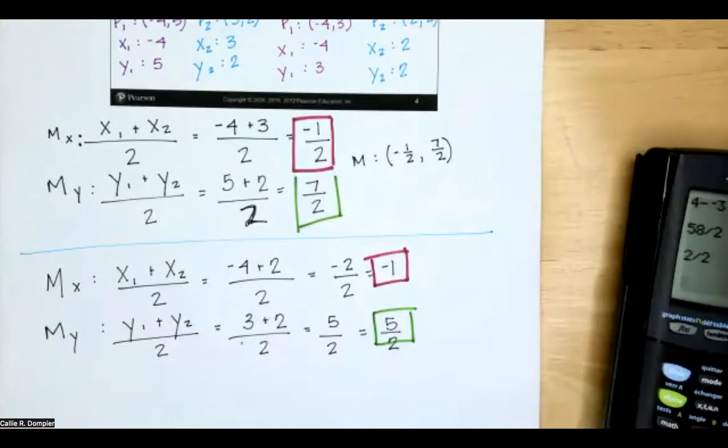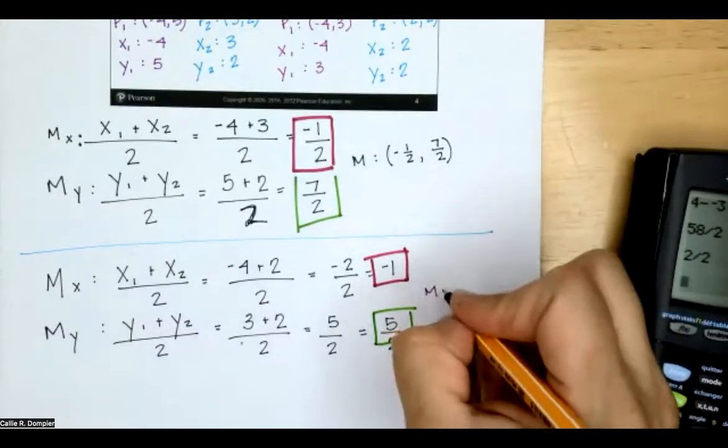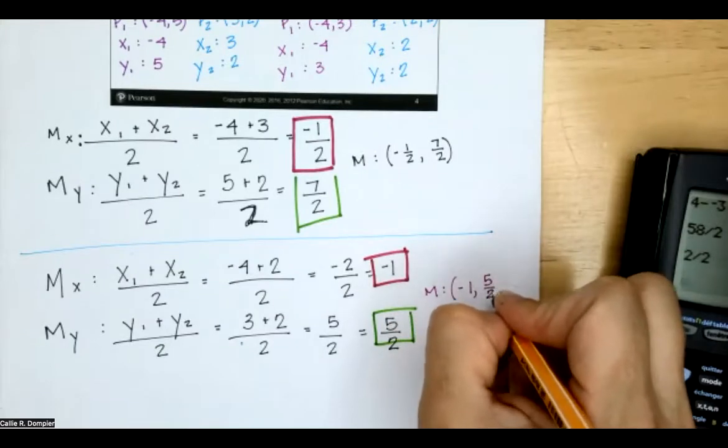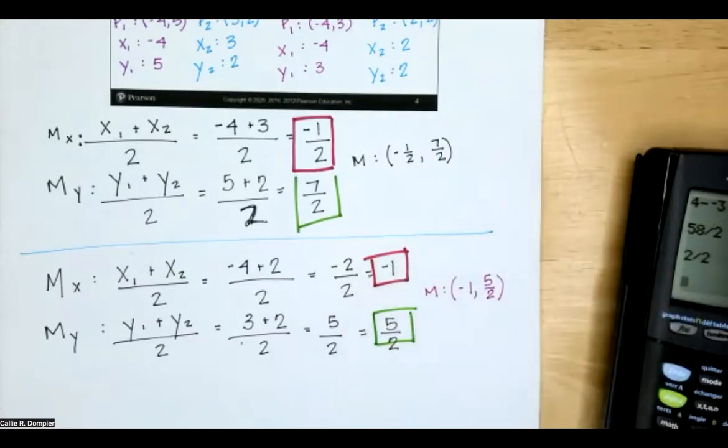So my next midpoint is -1, 5/2. And you can graph those, make sure that it looks approximately correct. It's in the right quadrant. It looks like it's halfway between those two.